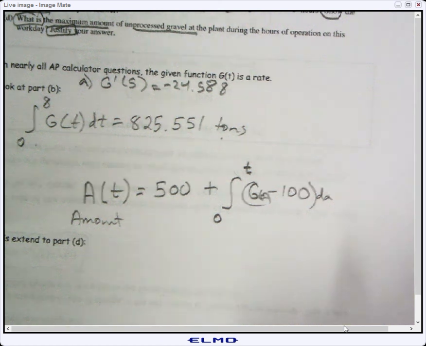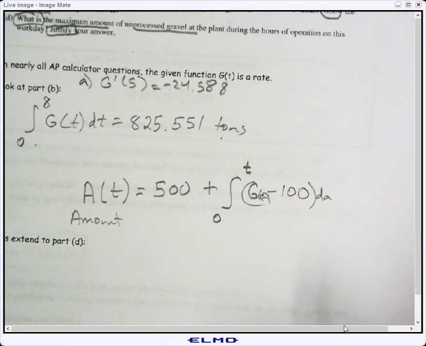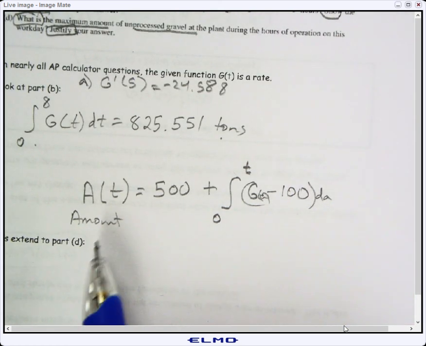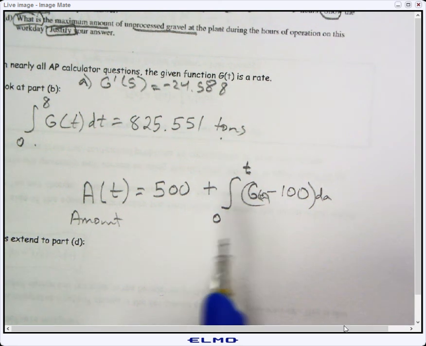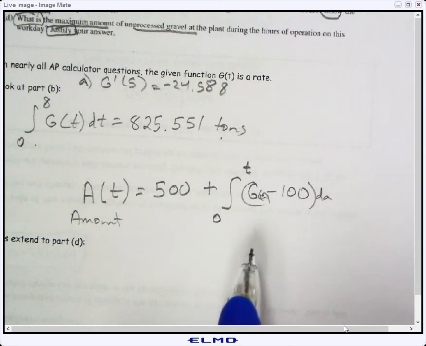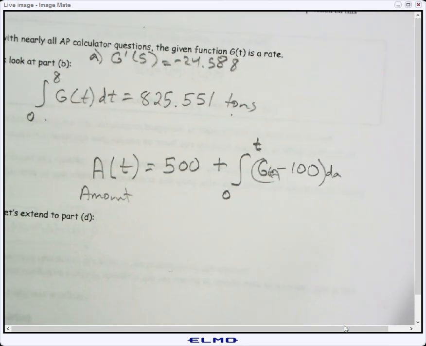Okay? So now, the derivative of the integral from a to x of f of t dt equals f of x. So we need to find out where this is at a max or min, because we're going to test our values.